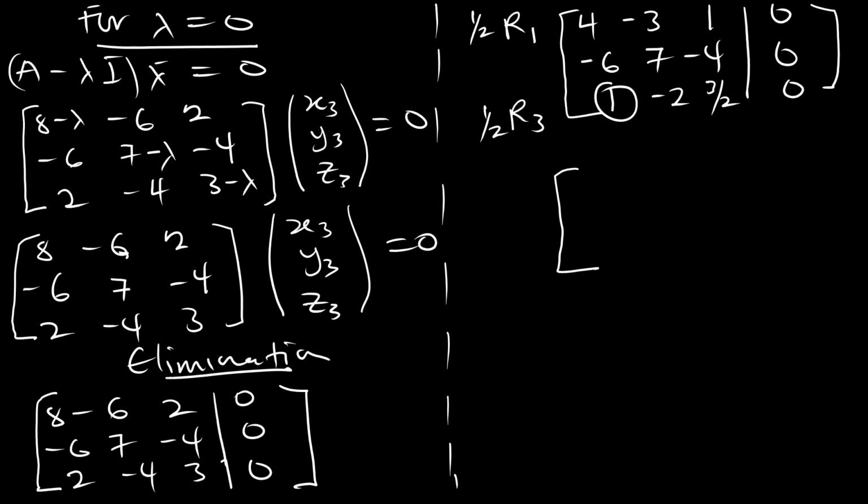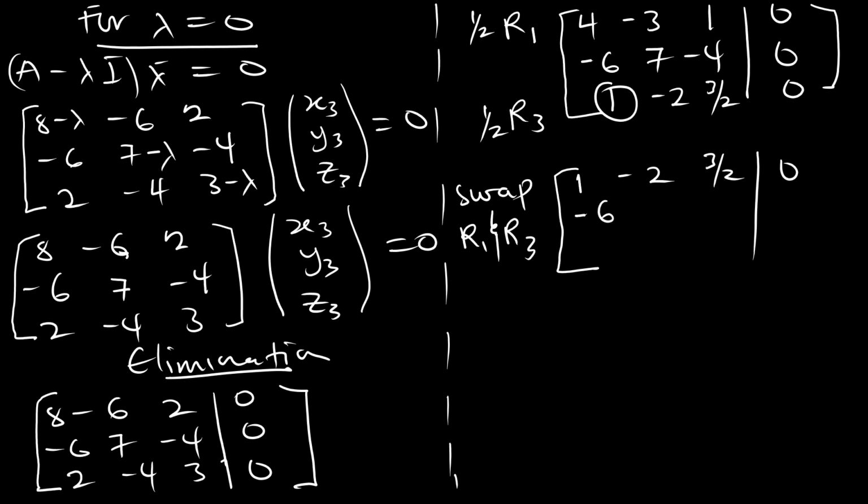So in my next analysis, I swap row 1 and row 3. This is going to give me 1, negative 2, 3 on 2 going into 0. Row 2, negative 6, 7, negative 4 into 0. And the row 3 is going to be 4, negative 3, 1 into 0.